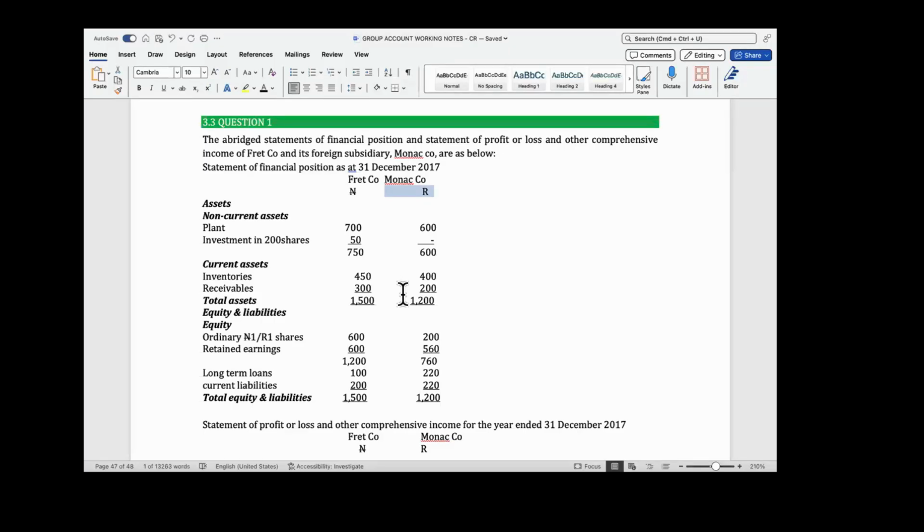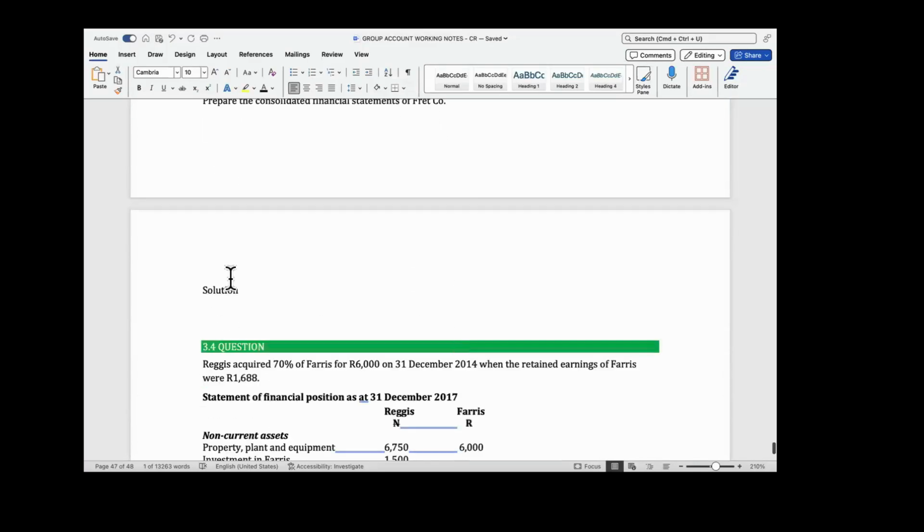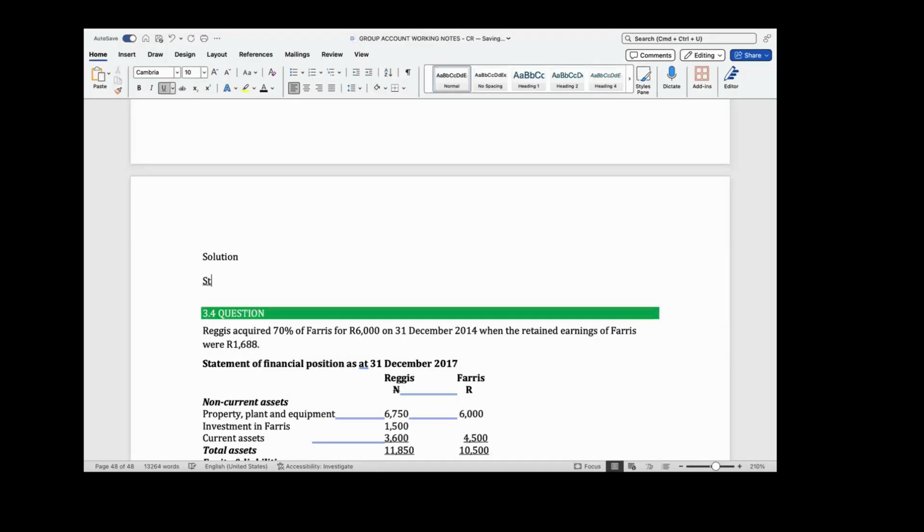So let me start with statement of financial position items. So really, step one of what we do is for you to translate the statement of financial position of Monarch.